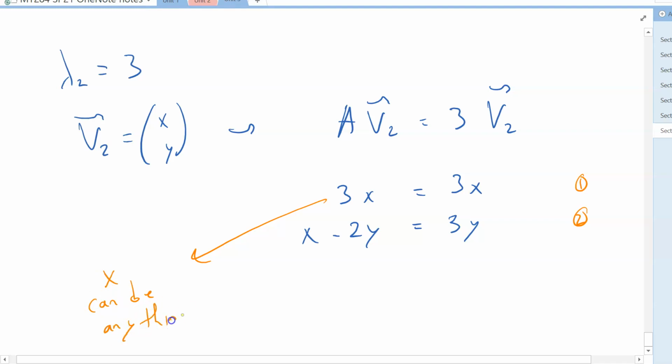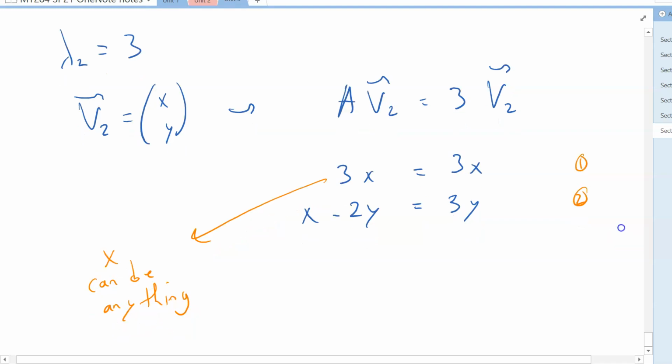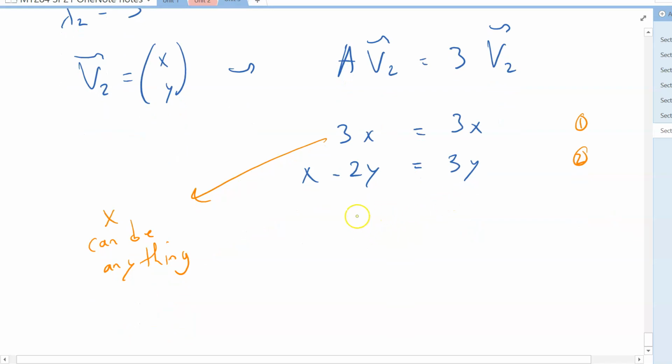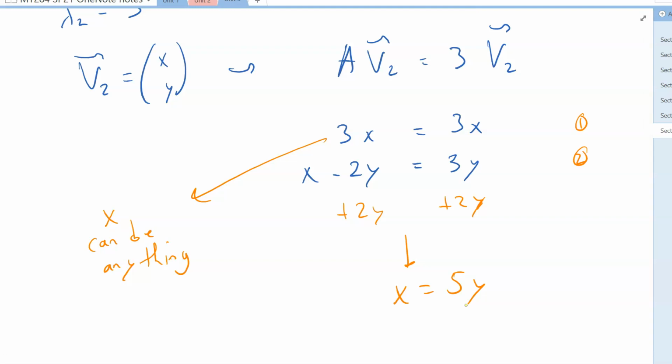It does not restrict us whatsoever. We need to focus our attention more on the second equation here. If we add 2y to both sides to get the y terms together, we get the equation that x is equal to 5y. So one way or another, we're going to be led to a conclusion about the components of the eigenvector that we're trying to determine.